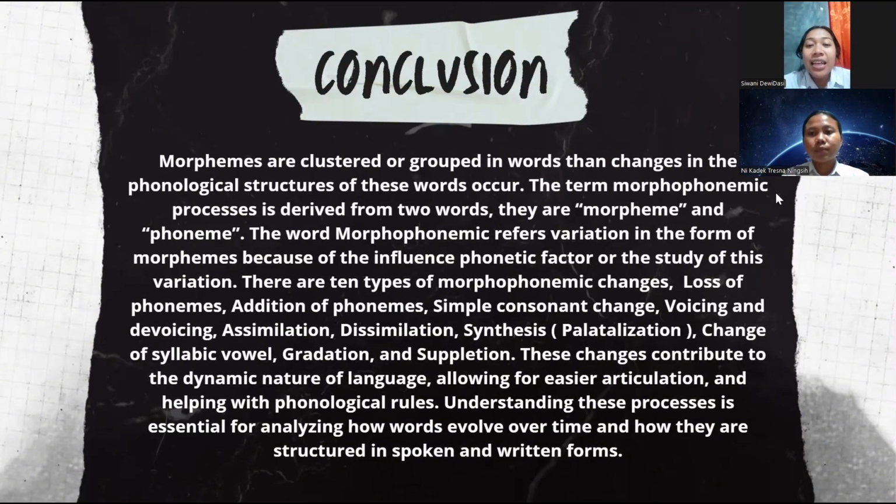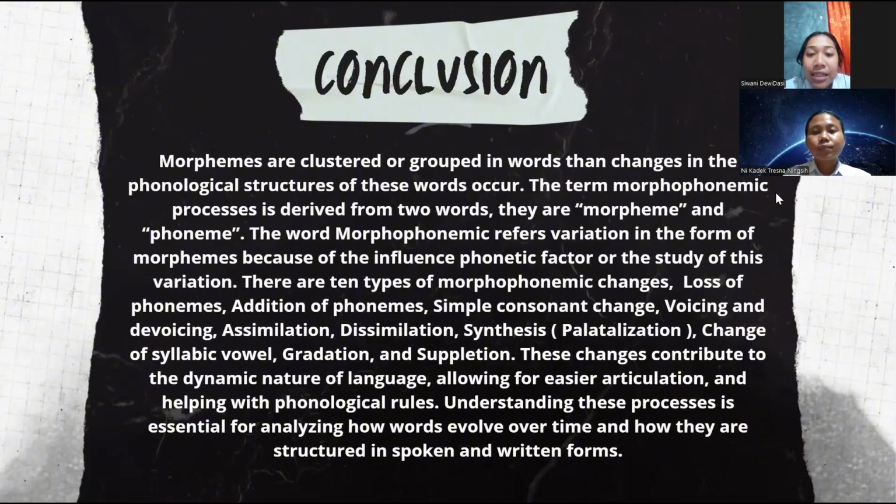Yes, Tina. So for the conclusion, morphemes are clustered or grouped together, then changes in the phonological structures of these words occur. The term morphophonemic process is derived from two words: morpheme and phoneme. The word morphophonemic refers to variation in the form of morphemes because of the influence of phonetic factors, or the study of this variation.